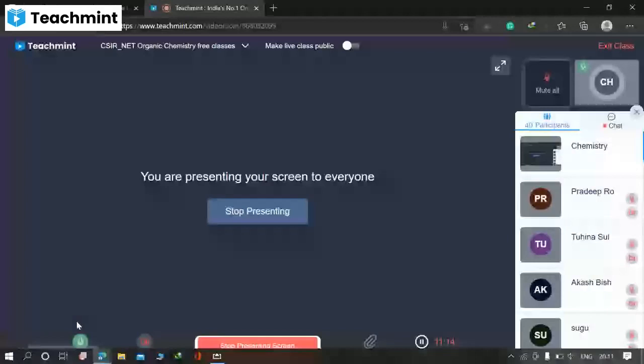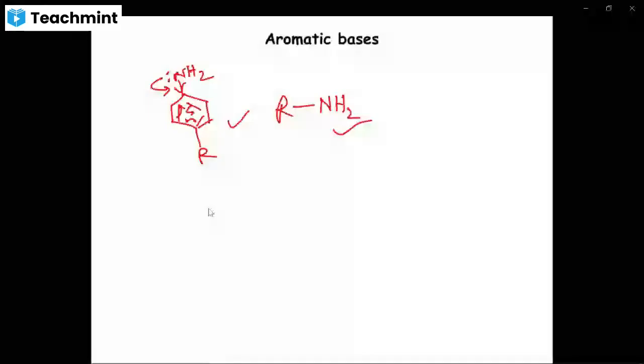So can you tell, if I put some R group into the ring, what will happen? It's very simple, right? Density will increase or decrease. Yeah, it will definitely increase because the R group will push electrons. And what will happen if we put a nitro group? So simple thing: if we put an electron donating group, the basicity will increase. If we put an electron withdrawing group, the basicity will decrease.